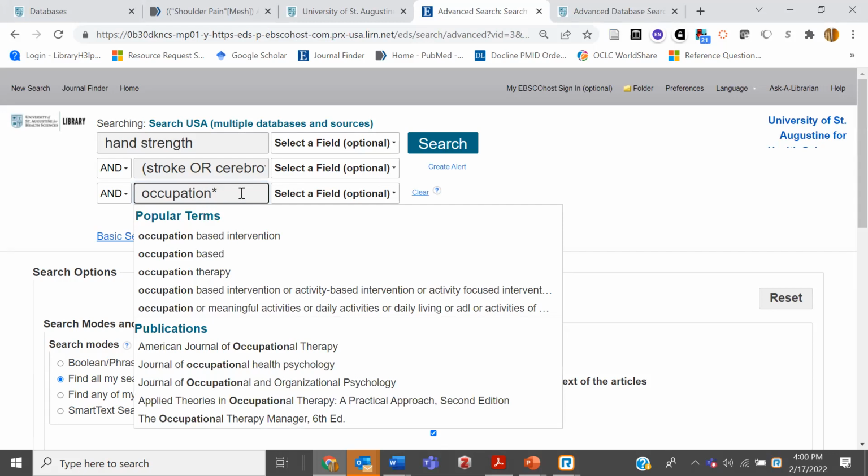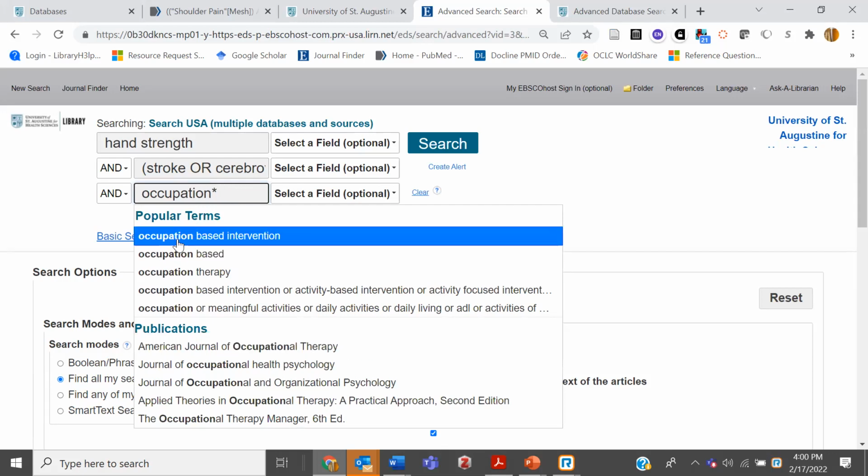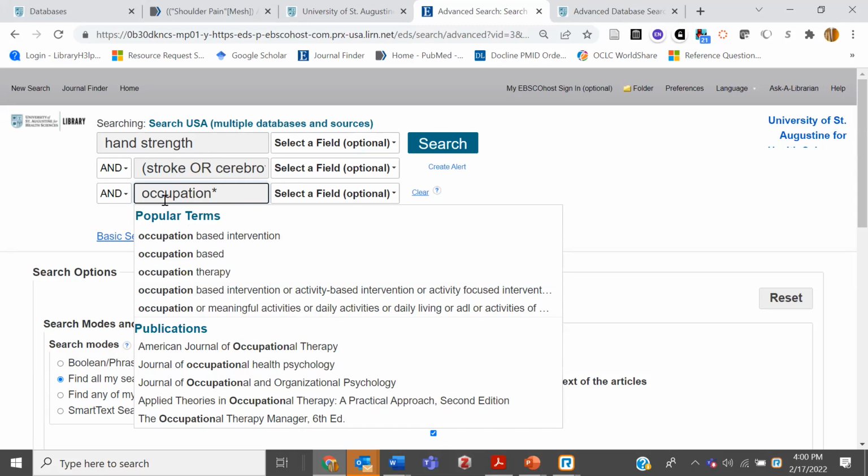So that's going to return all these things that use any variation of the word occupation, occupational, occupation-based. So I can really broaden my search that way.